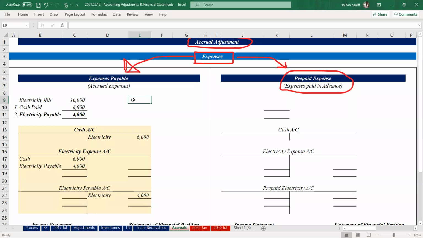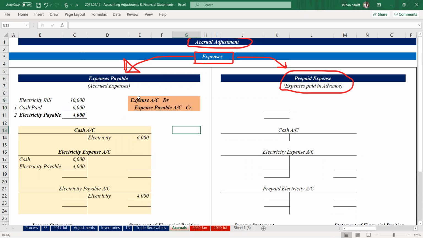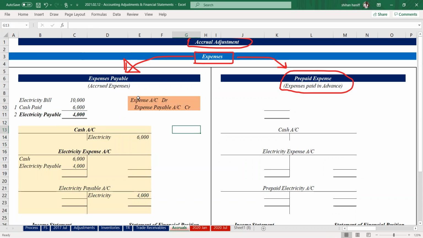So let me write the double entry here. Expense account debit, expense payable account credit for the electricity payable.